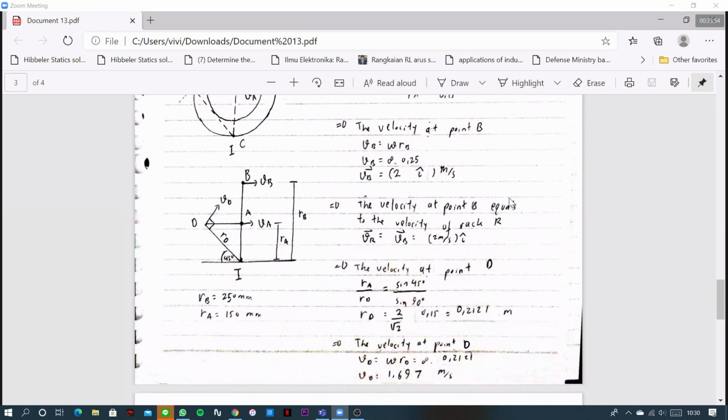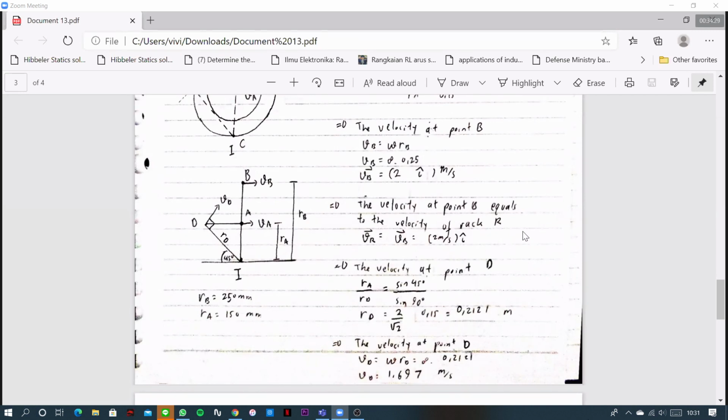So the velocity of point B, I get it by omega of the pulley times RB. RB is the distance between point B and point I. So this is 250 millimeters.